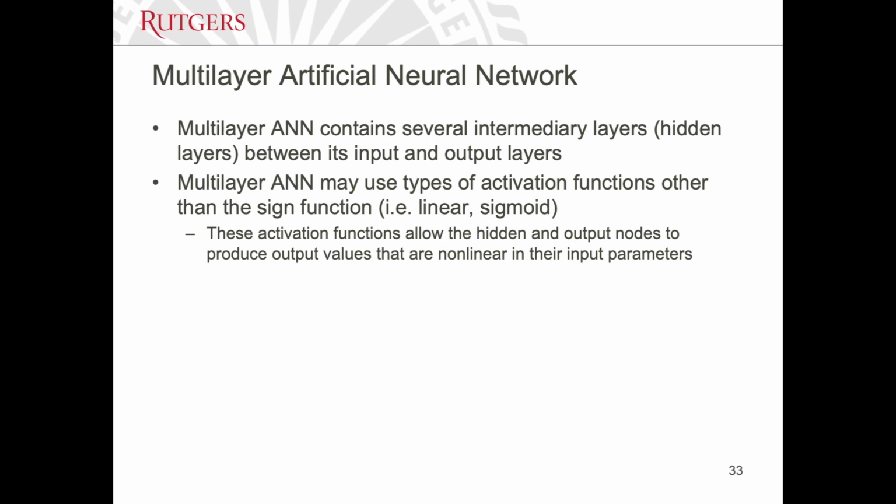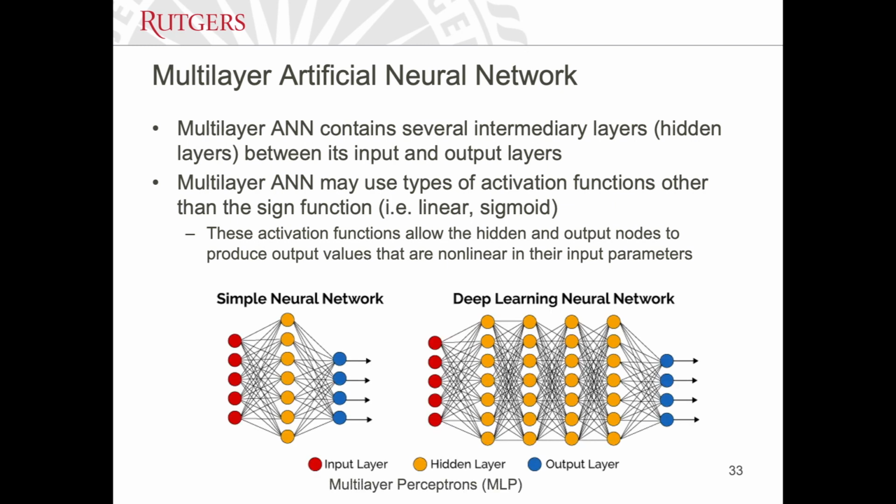The network may contain several intermediary layers, which are also known as the hidden layers. We usually call this layer the black box. A multi-layer artificial neural network just contains many different hidden layers, as shown in this picture. The network may use different types of activation functions other than the sign function, such as linear and sigmoid, which is the logistic function.